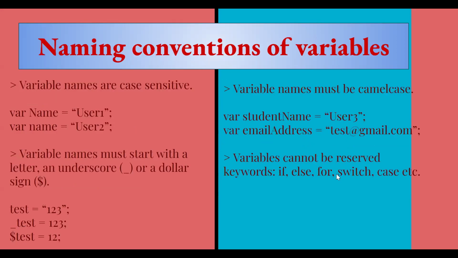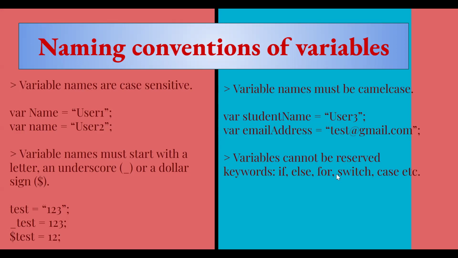Naming conventions of variables. Following proper naming conventions will increase the code readability. Other developers can easily understand what you have written. It will help in maintaining the code and bring consistency. This is kind of a rule that we need to follow while declaring variables.